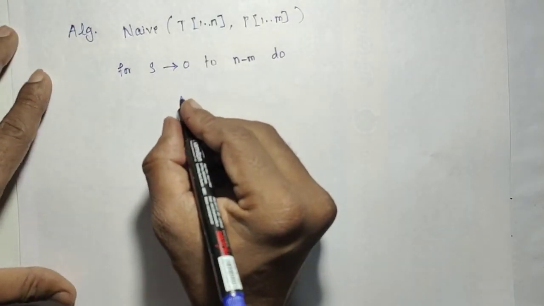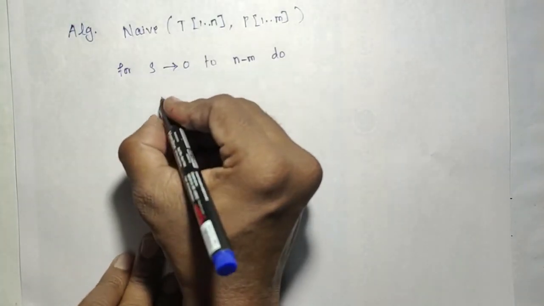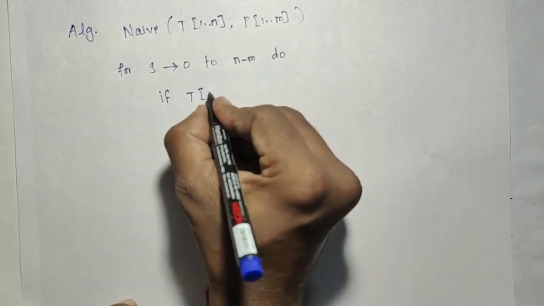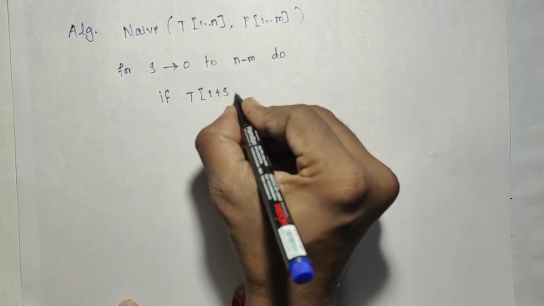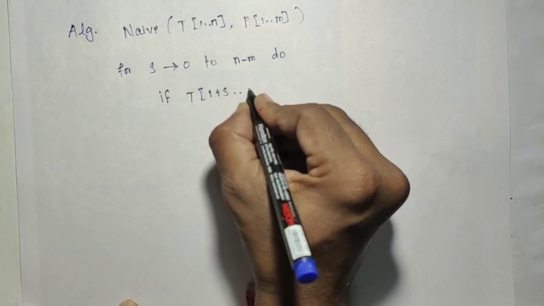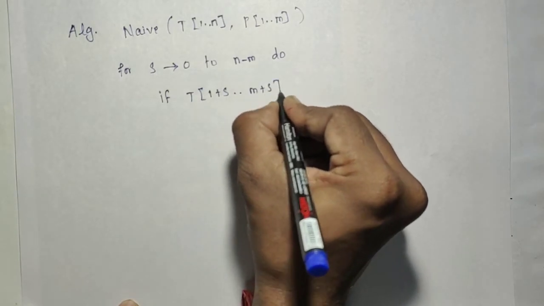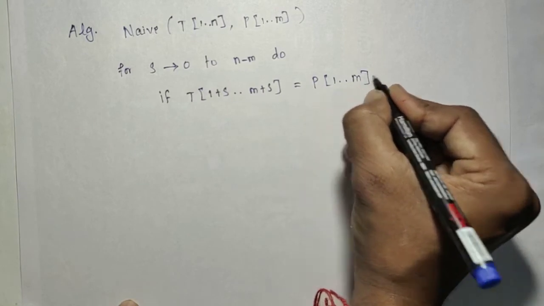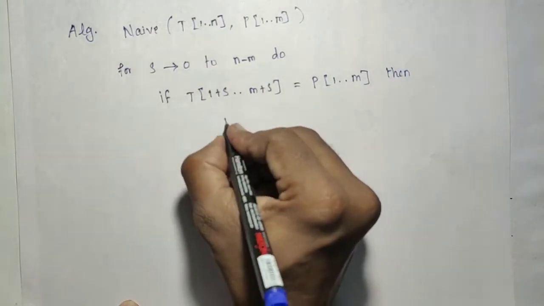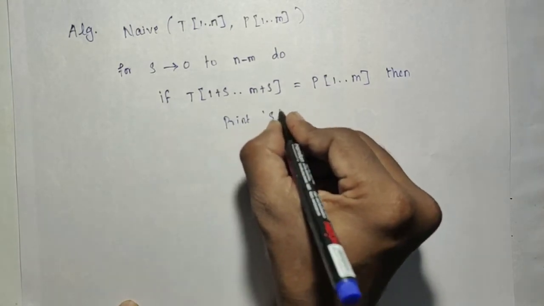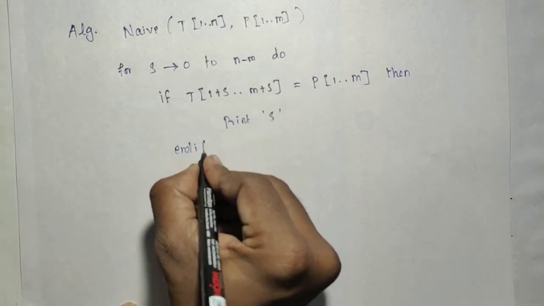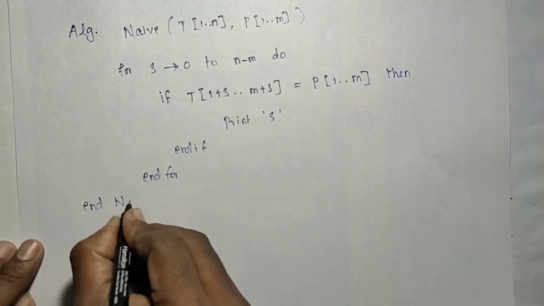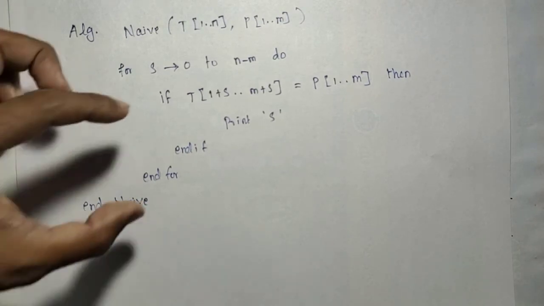We need to compare the strings: if T of 1 plus s up to m plus s matches with P of 1 to m, then print that s. End if and end for, and end algorithm. Very simply we have completed.